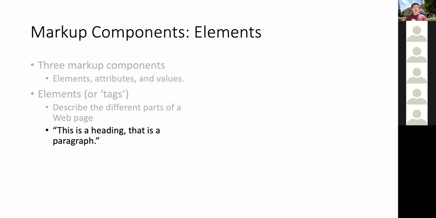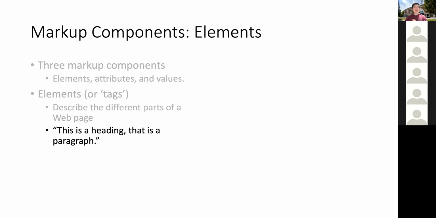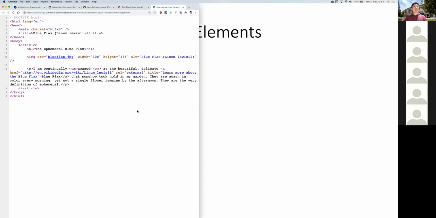So the elements or the tags describe different parts of the page. They tell the page, this is the heading, that is a paragraph, using these elements or tags. If we go back to our HTML example and look at this code, you can see all these are tags: HTML, head, title, body, article.